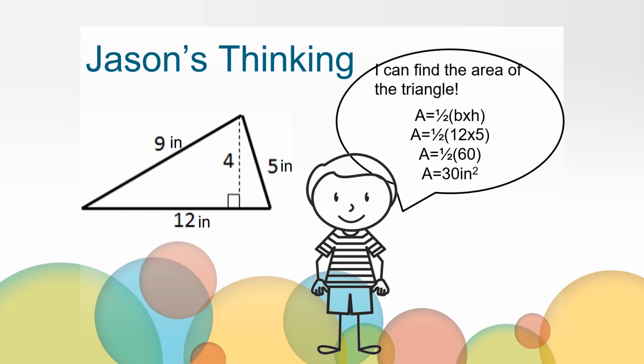Jason found the area of the triangle. He used the formula area equals 1/2 base times height and found that the area is 30 inches squared. Do you agree with Jason's thinking? Why or why not?